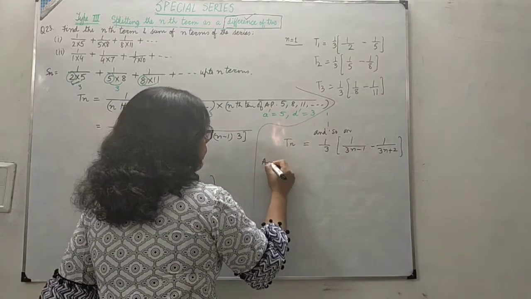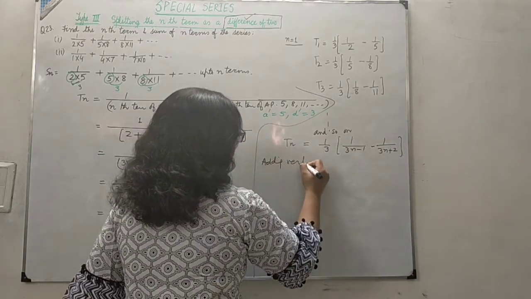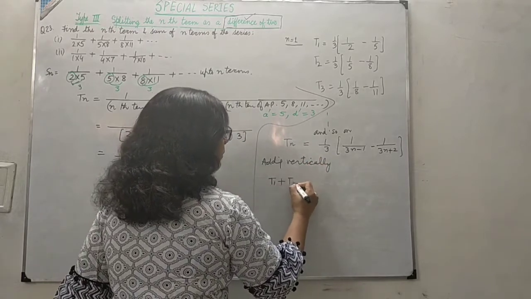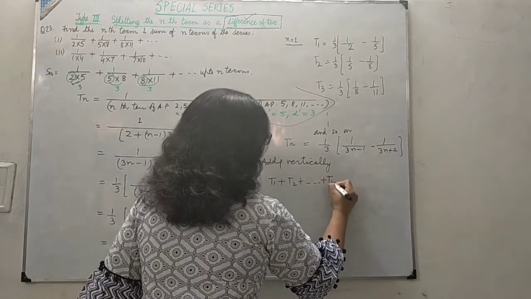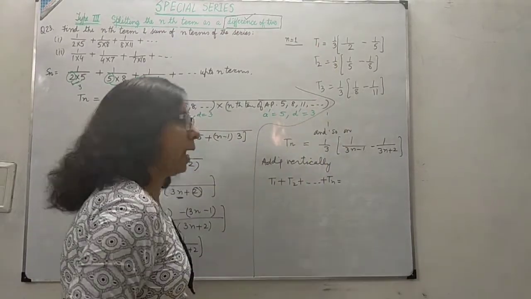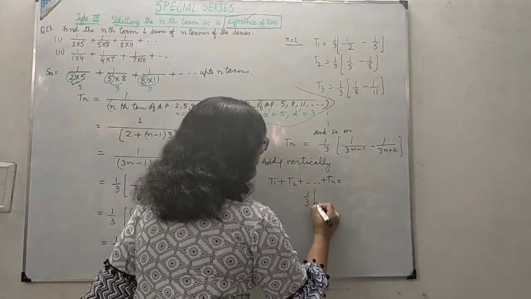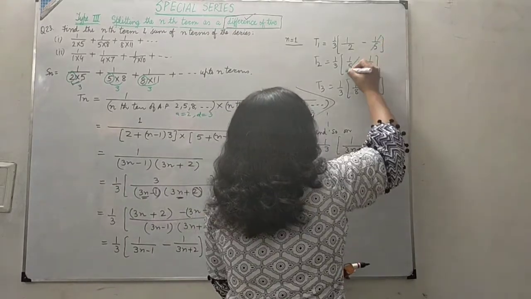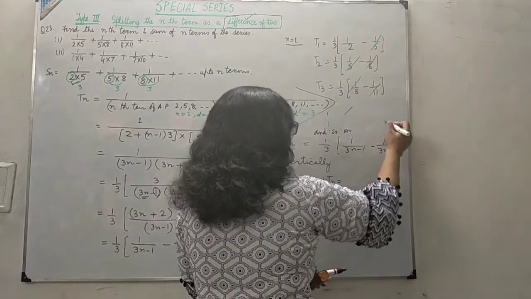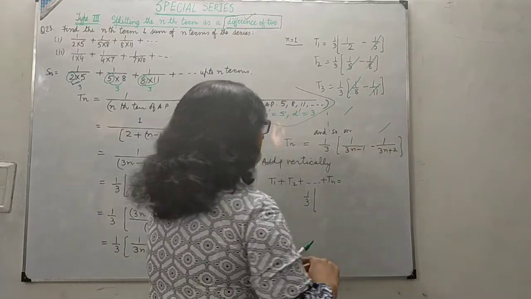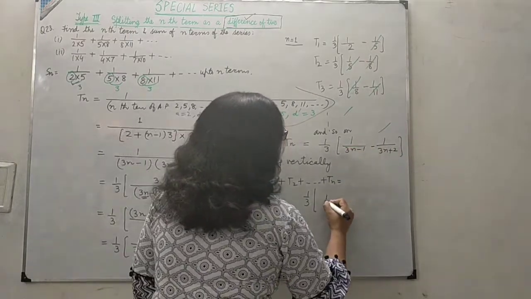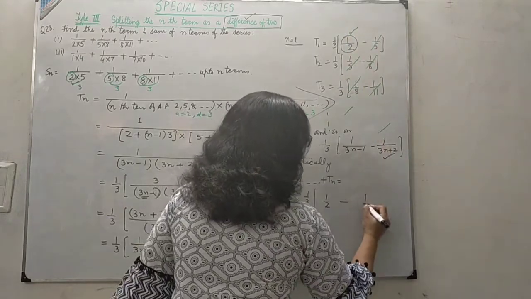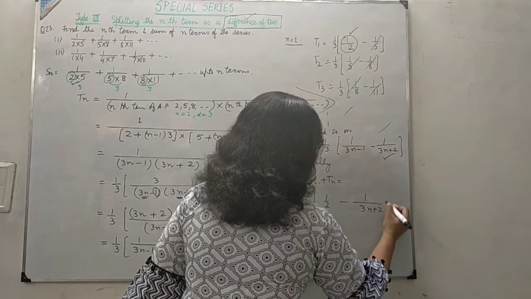Now, adding vertically, we have on the left side t1 plus t2 up till tn. And in all the terms we have 1 by 3 common. If I add these all, you can see clearly that all these terms get cancelled with the next one. So we are left with only the first one, which is half, and the last one, minus 1 by 3n plus 2.